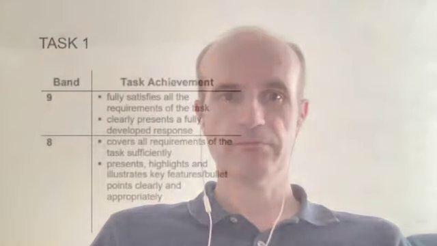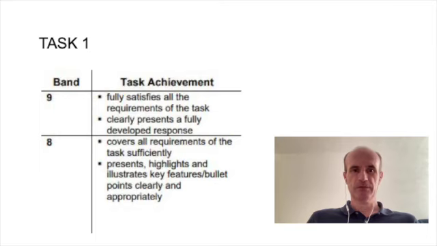Okay? Here, just like in task 1, very important for us is to know what we have to do, of course, right? And that information we can find in the band descriptors for task 1. Here you can see a part of it, right?